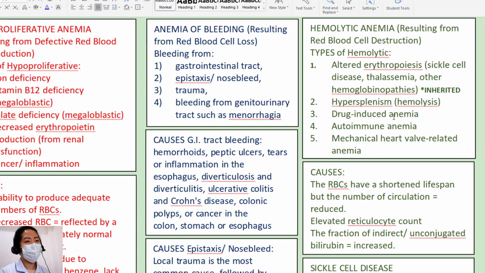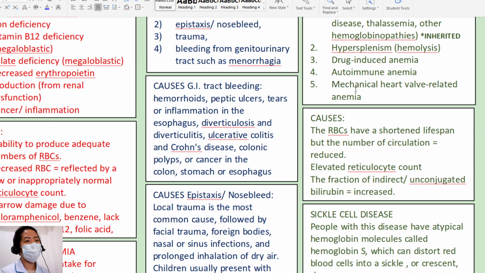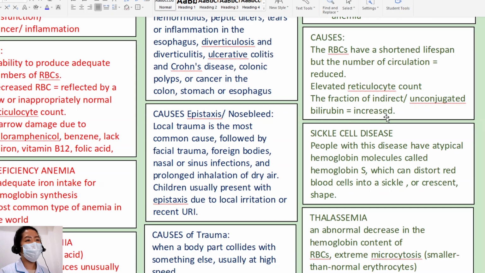Next, drug-induced anemia. Next, autoimmune anemia. And last is mechanical heart valve related anemia. So causes of hemolytic: the red blood cells have a shortened lifespan, but the number in circulation is reduced. Elevated retic count: the fraction of indirect or unconjugated bilirubin is increased.